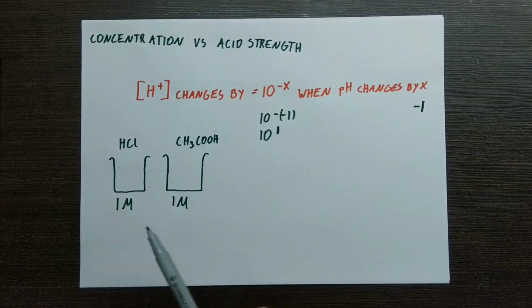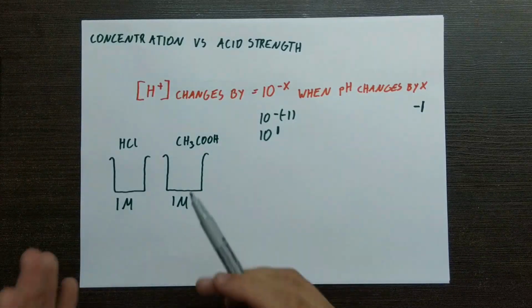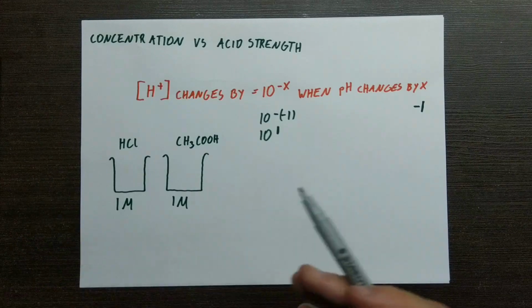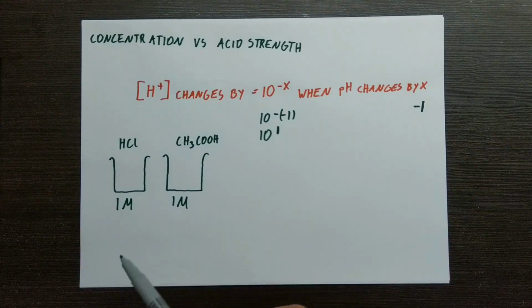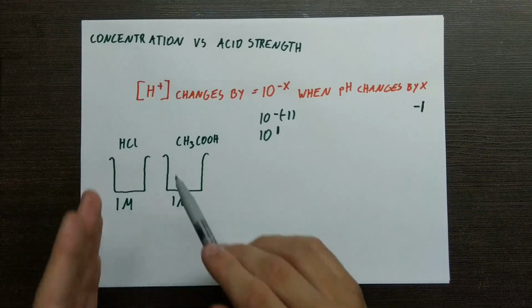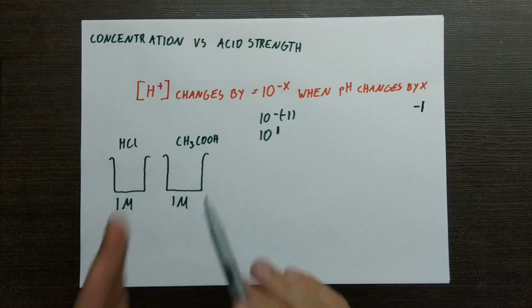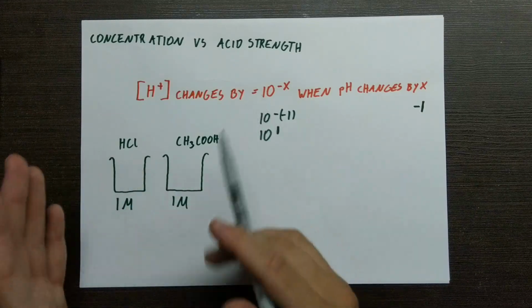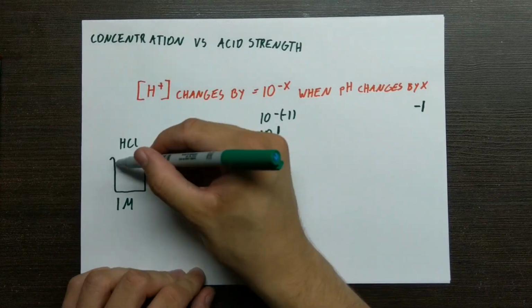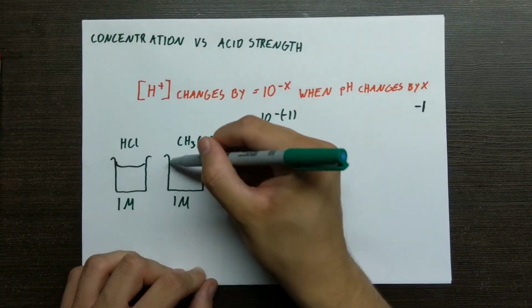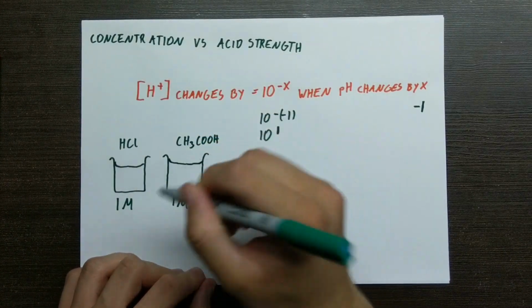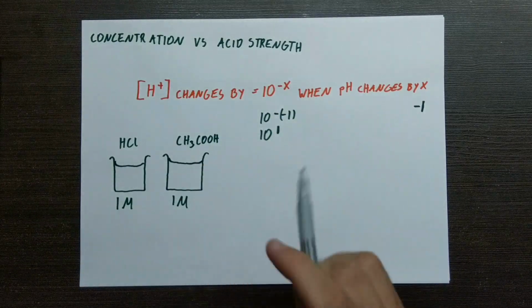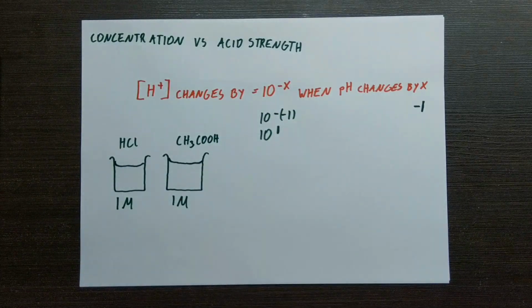They are both 1 molar acids. You don't need to know molarities yet, but the point here is that they are at the exact same concentration. HCl and ethanoic acid are here at exactly the same concentration. They are, of course, dissolved in water of the same volume, giving you the same concentration. And what happens there?